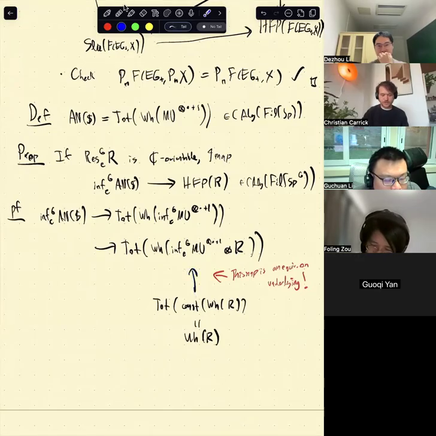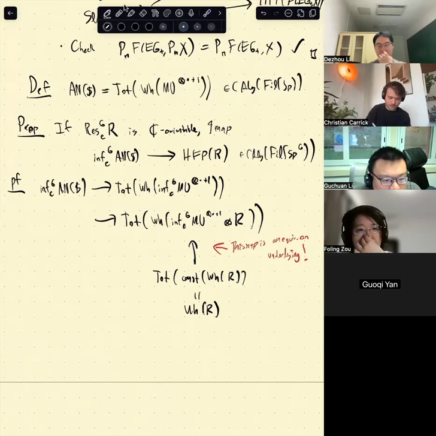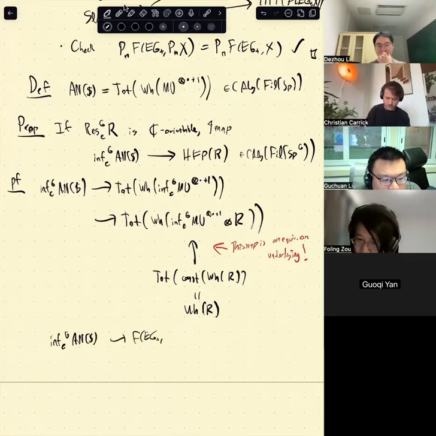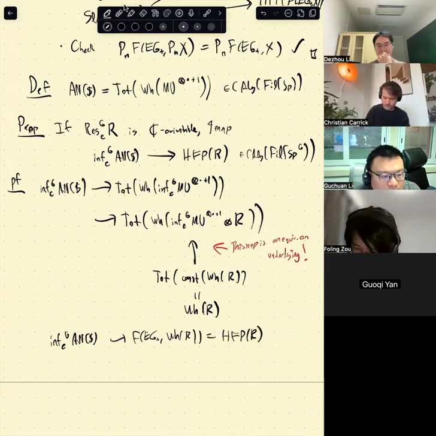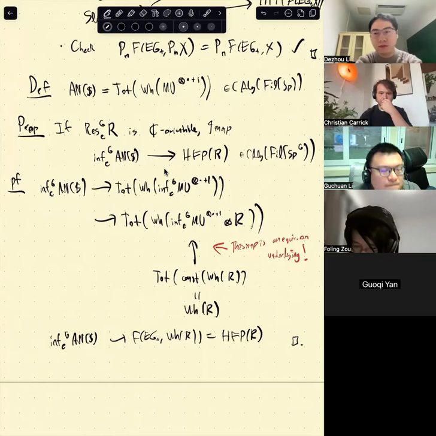And then I can reverse this arrow after Borel completing. And that gives me a map here to the Borel completion of this Whitehead tower, which is the definition of the G fixed points of R. Great.